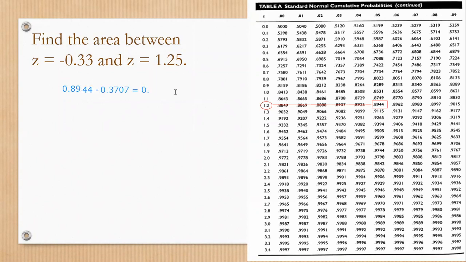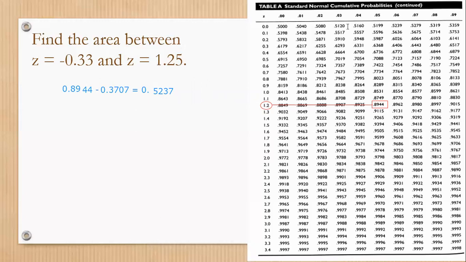So 0.8944 minus 0.3707, and you're correct. The area being asked is 0.5237. Okay, so I have shown you the three different cases.